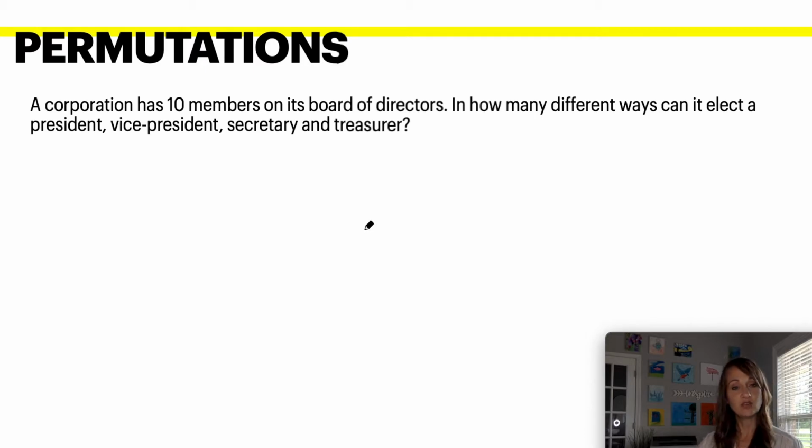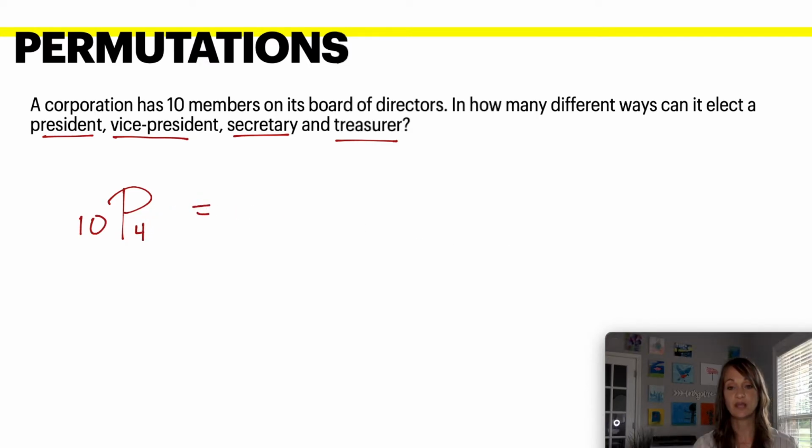Another permutation: a corporation has 10 members on its board of directors. In how many different ways can it elect a president, a vice president, a secretary, and a treasurer? So we have 10 members that we are choosing from, and there are 4 specific spots that we want: a president, a vice president, a secretary, and a treasurer. So we are choosing 4 specific places.